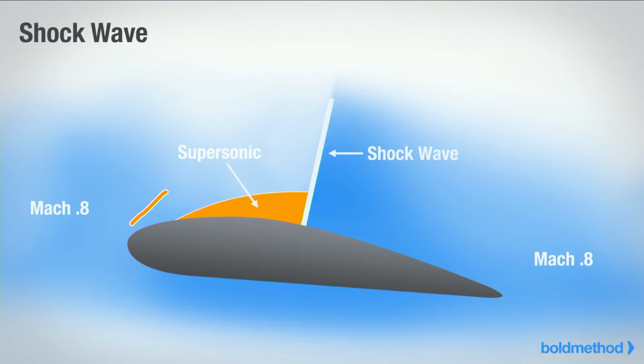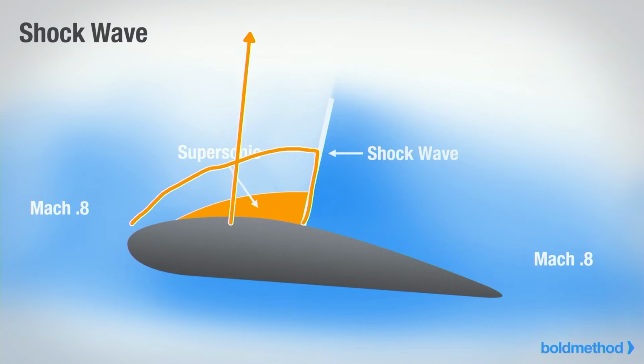Okay, it can only generate lift basically right here. And that lift distribution is fairly even. So as opposed to the center of pressure being maybe right here, it might start to move back to right here. But the big problem is we can quickly start to lose lift. Okay, we're going to get into this in depth in just a second, but it looks like we've got another question.